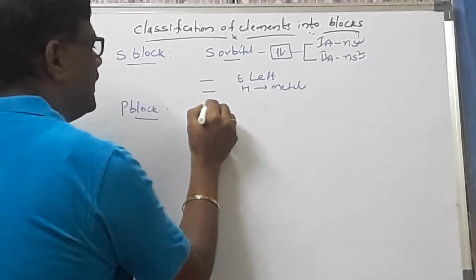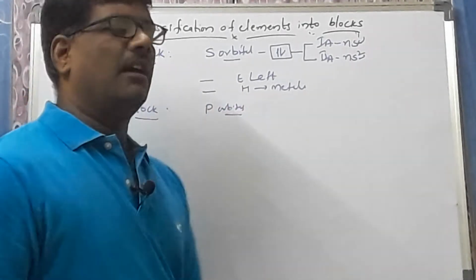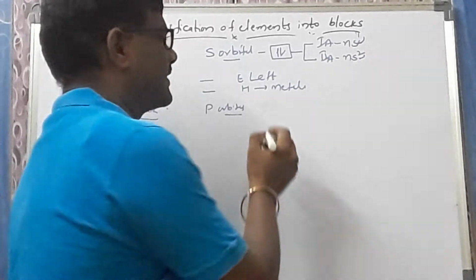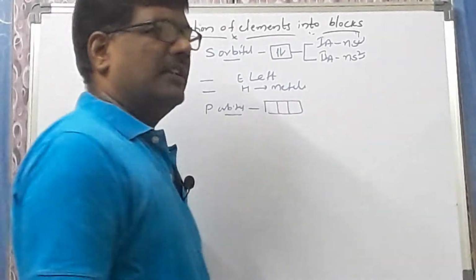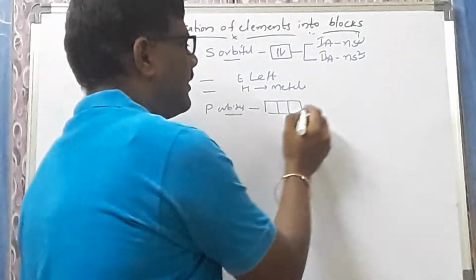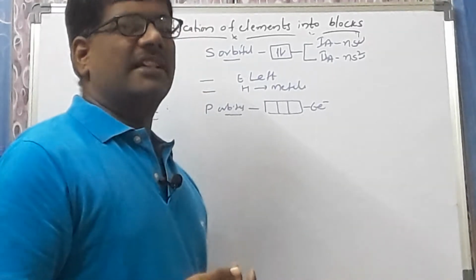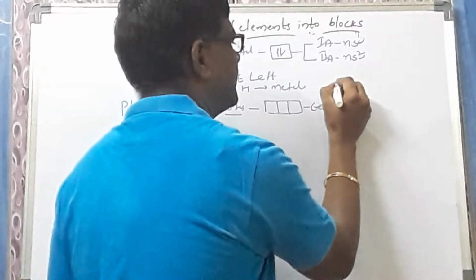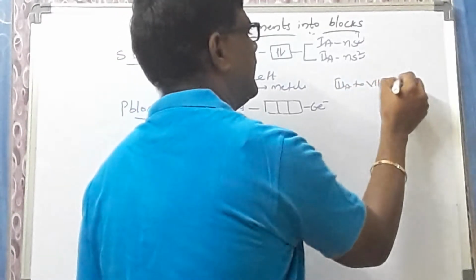P block. If the differentiating electron enters into the P orbital, those elements are said to be P block elements. The P orbital has 3 orientations: Px, Py and Pz orbitals. We can accommodate a maximum of 6 electrons, so we have 6 groups, namely 3A to 7A including 0.